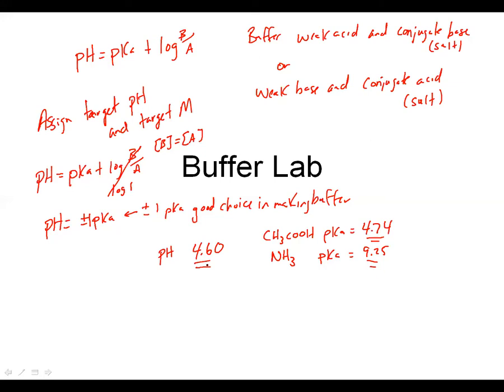And then obviously you would want to choose one, like in this example here, which hopefully is not a real example. You would want to choose, obviously, to make it out of acetic acid. If I were to make my buffer out of acetic acid, that would be my weak acid part, which means, again, in order for it to be a buffer, I would also need a conjugate base part, which in this case should be acetate, which most likely would be found in the form of not just acetate, but something like sodium acetate.